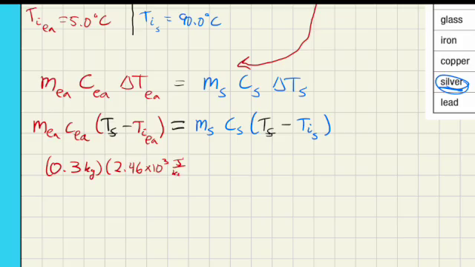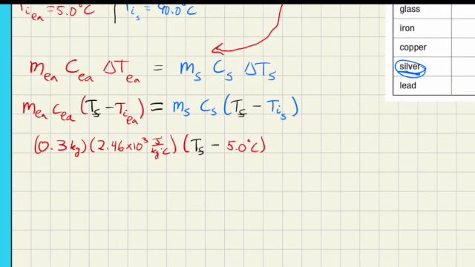Joules per kilogram degree Celsius. And then we have our TF minus our initial temperature of ethyl alcohol, which I can see in the top corner was 5 degrees Celsius.